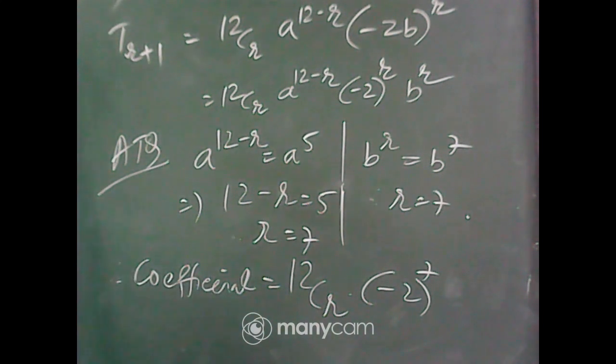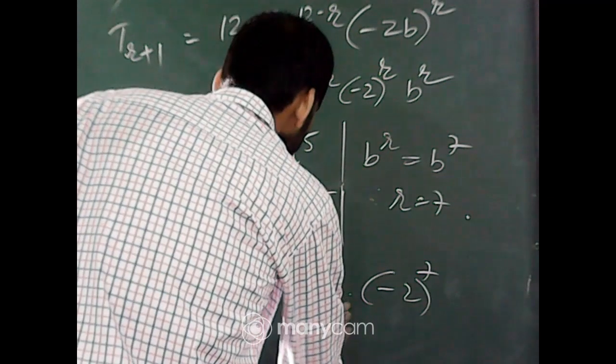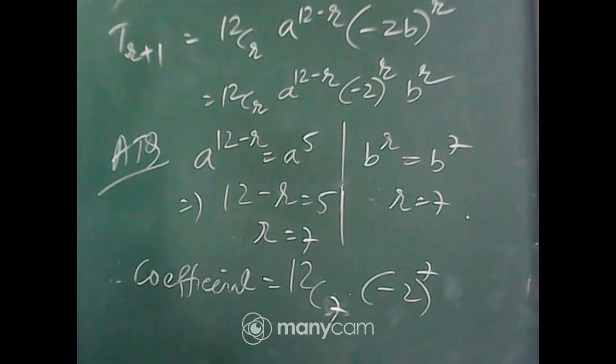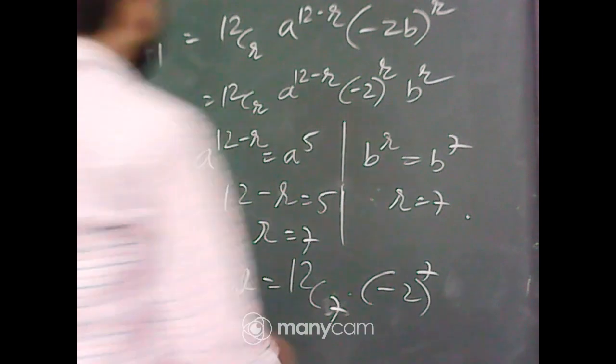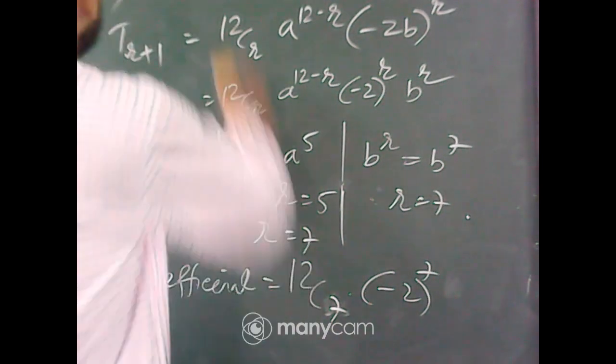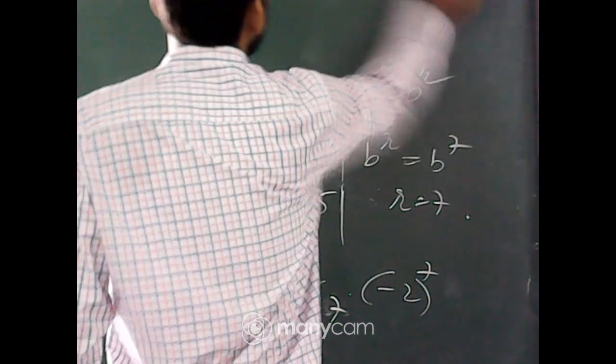This is 12C7, instead of r I am putting 7, so 12C7 and minus 2 to the power 7. Just do the calculation. I am helping you a little bit.